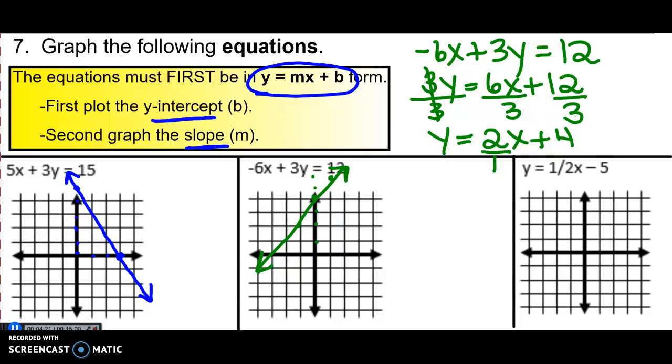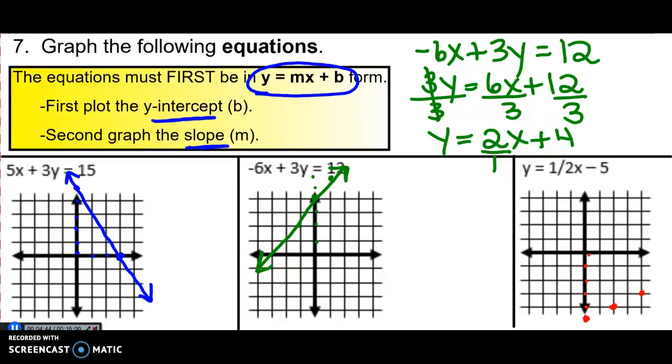All right, number 3. Finally, they gave us an equation that's already in y equals mx plus b form. So we just go ahead, we plot our y-intercept first, and we can see the y-intercept is at negative 5. So we go down 5. 1, 2, 3, 4, 5. We plot our point, and then we rise 1, and we run 2. There's our slope.